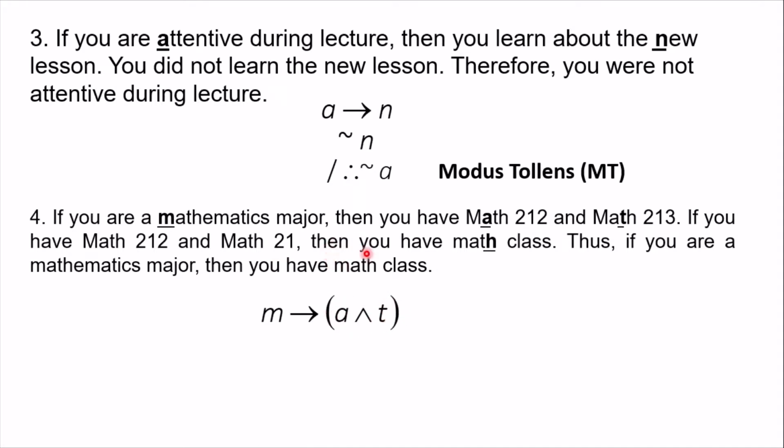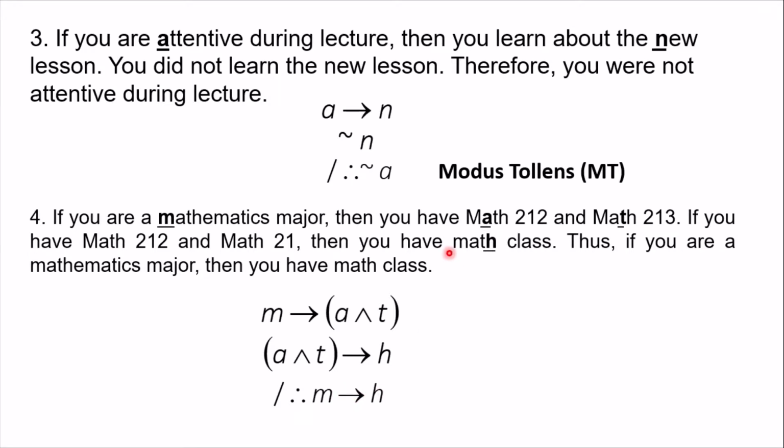Our then is an implication, you have math class. So we have A and T implies H. Thus, the conclusion, if you are a mathematics major, which we symbolized as M, then you have math class, math class is H. It is also a conditional statement, so we have the conclusion, M implies H.